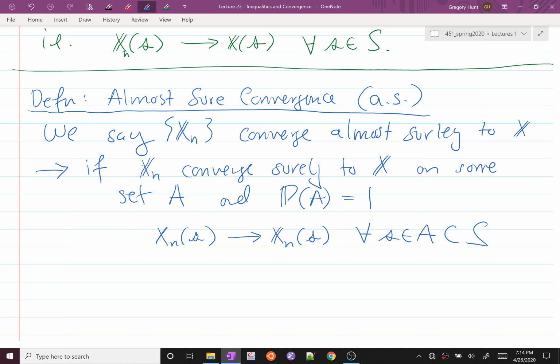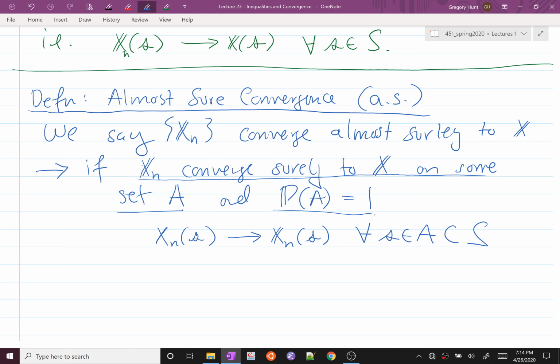If I can find a set A with probability 1, where on that set the X_n converge surely to X, and that set is large enough that it has probability 1, we say, good enough. There might be some small set of probability 0 where X_n doesn't actually pointwise converge to X. We're not going to worry about it. It's a small set, it has probability 0.